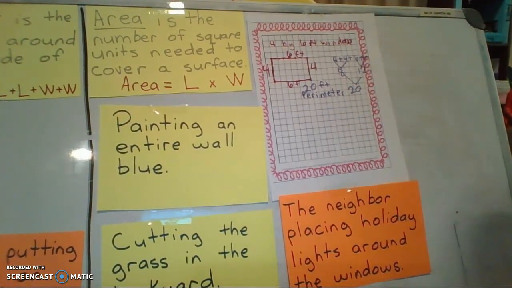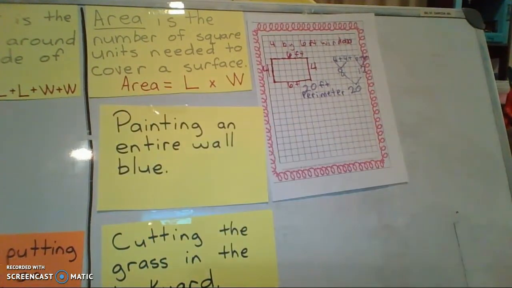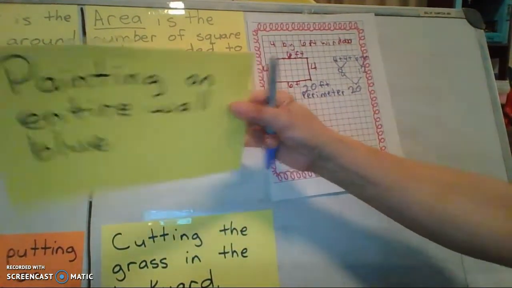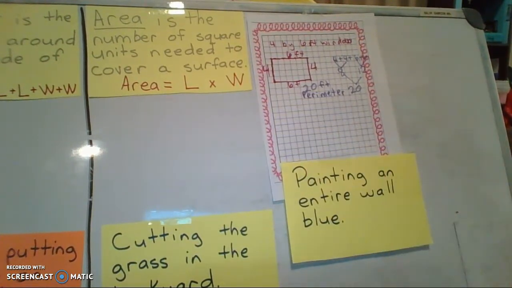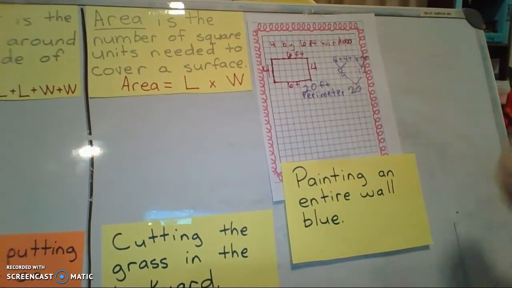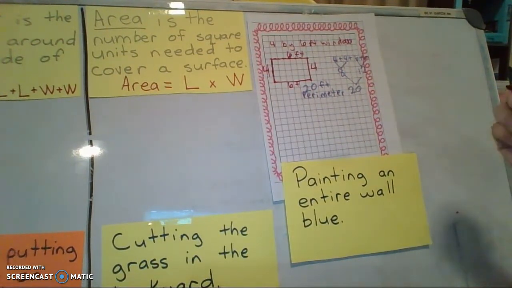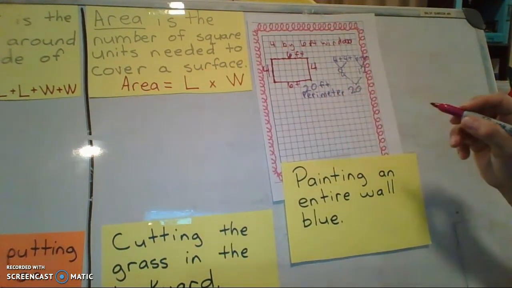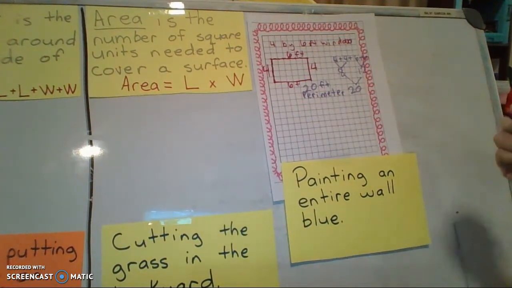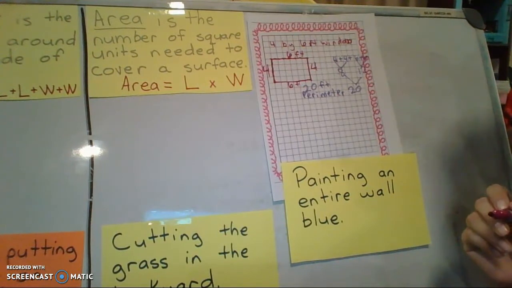Okay, so let me place this back, and I'm going to now talk about painting the entire wall blue. Let's say that my wall, let me measure it in feet as well.